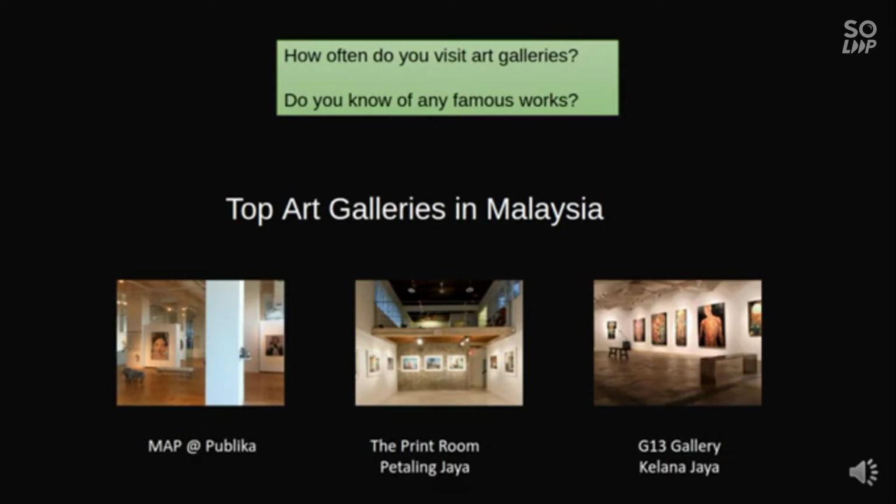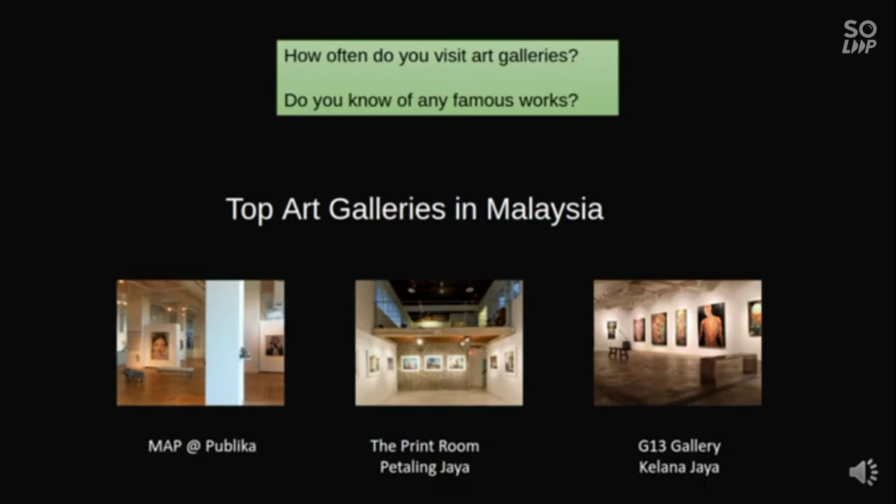They can tell me if they have been to any art galleries or not. If they have, I will ask what the name of the art gallery is and where it is located. Then I will ask, do you know any famous works of art? Maybe people will say the Mona Lisa or The Starry Night by Vincent van Gogh. It depends on them.